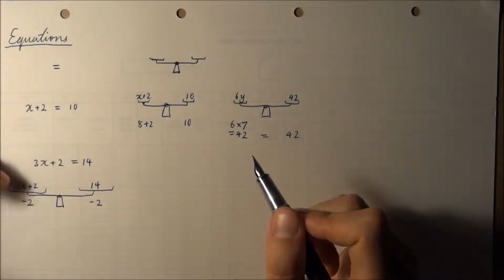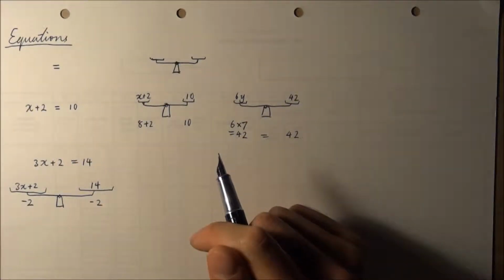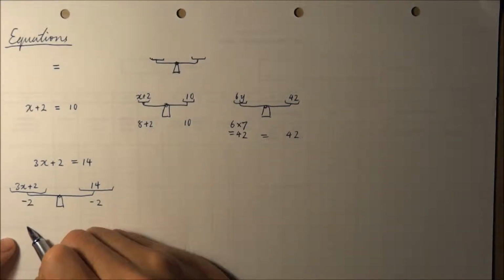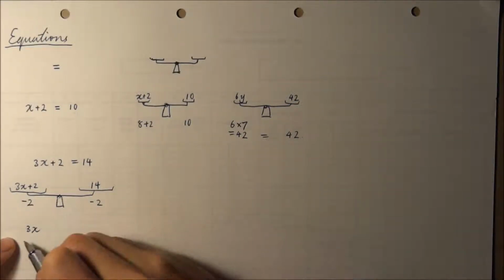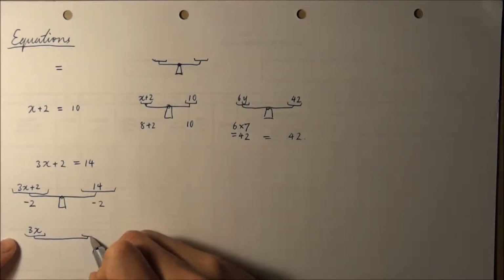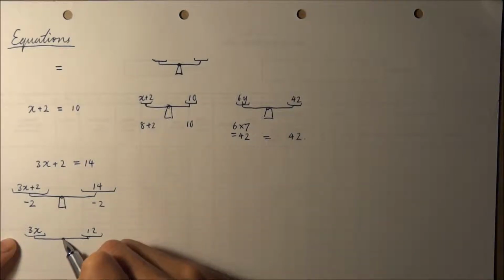Otherwise, there will be less on this side and the scale will tip. After we have taken 2 from both sides, we're left with 3x equals 12, as 14 minus 2 is 12.